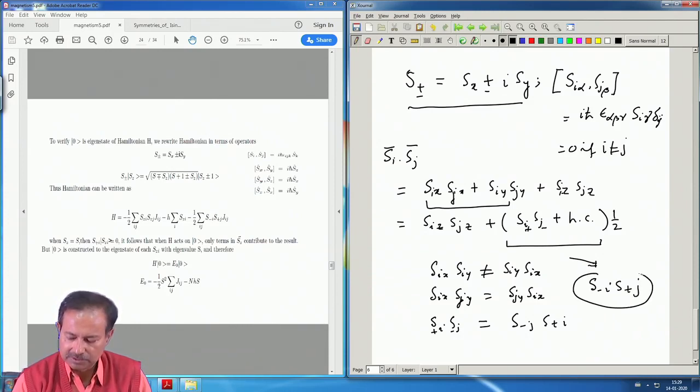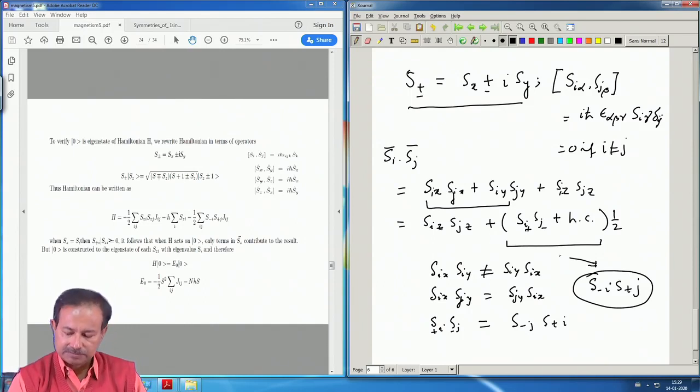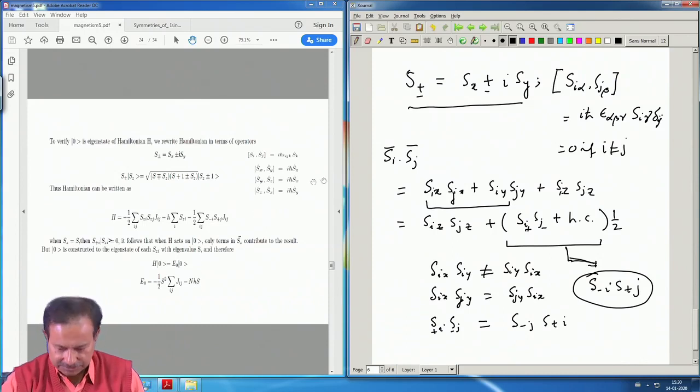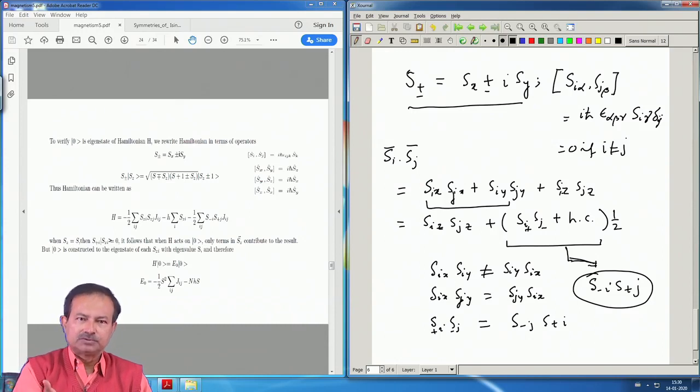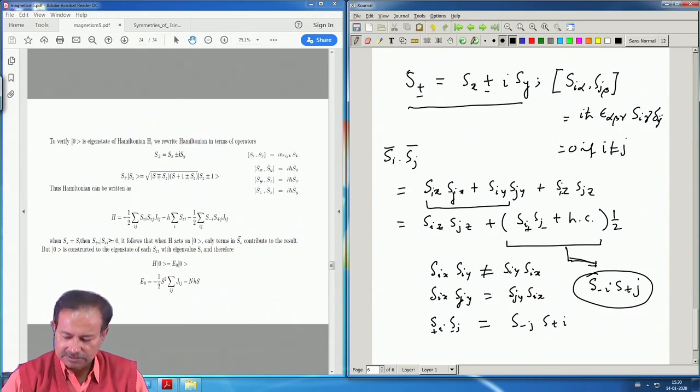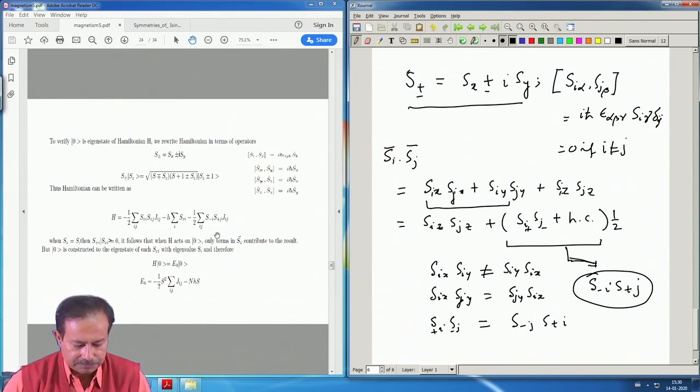That is what we are trying to do with this term. You will immediately see when I go to the next step why one wants to write this. You can write it using these commutation relations, and you can just switch the terms in such a way that the plus j appears on the right.